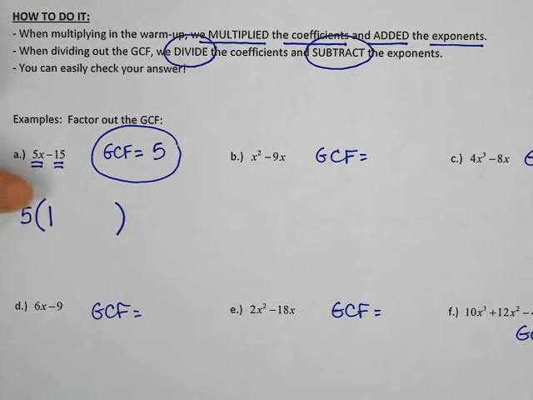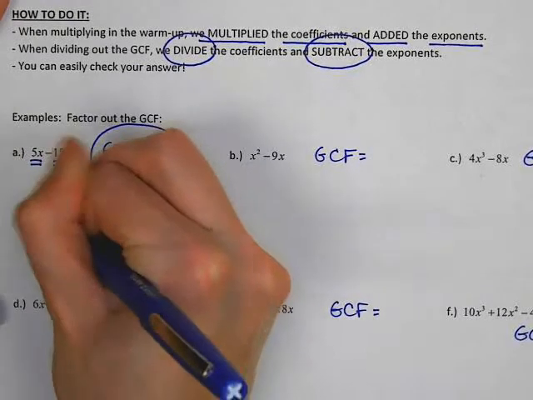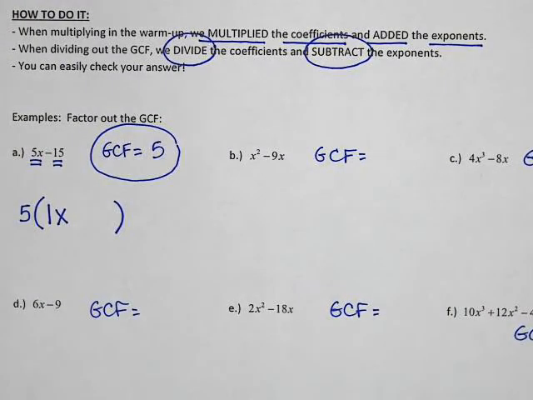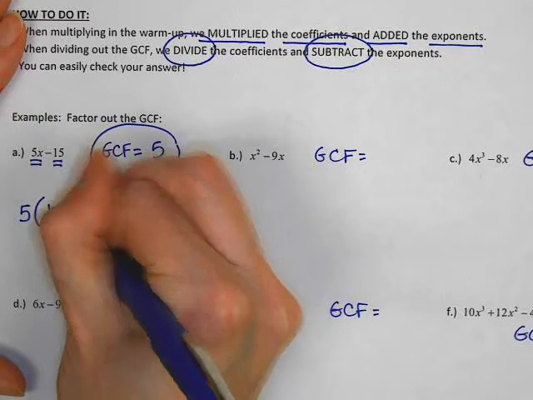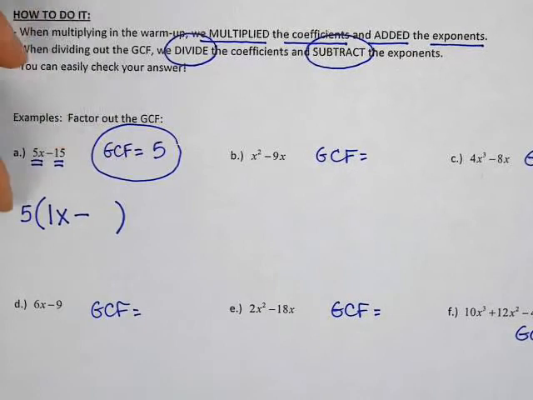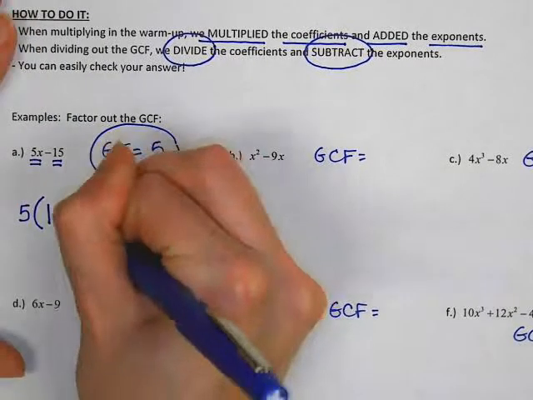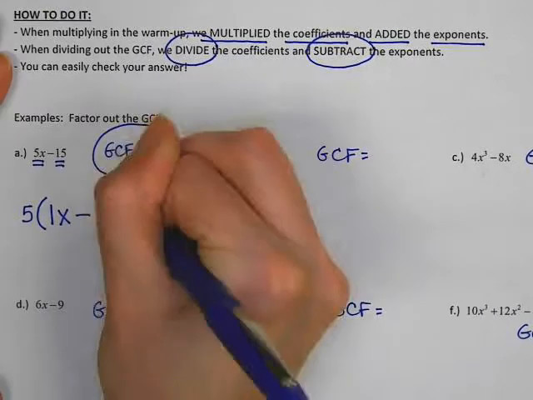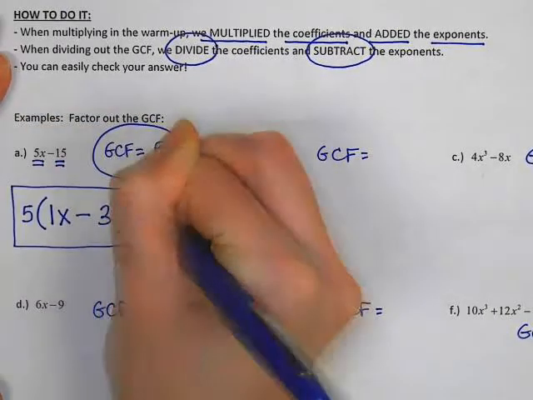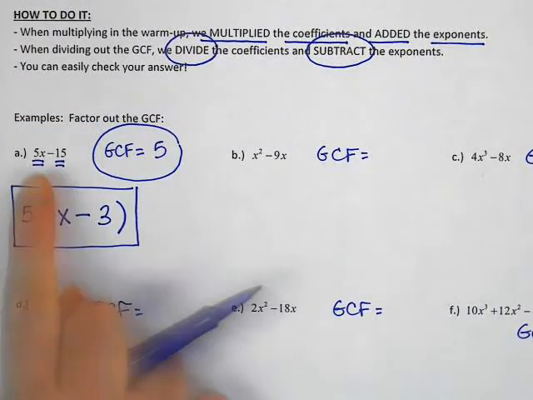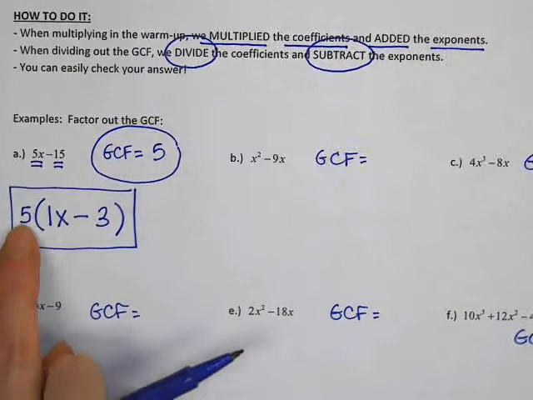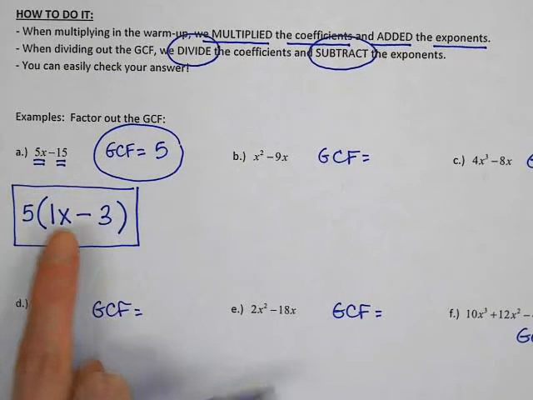So 1 minus none is still just an x. Okay, and then a minus sign. 15 divided by 5 is 3. This is all we're doing today, but I know it's not that easy. Okay, so you're finding GCF and you're actually dividing it out to see what's left over.